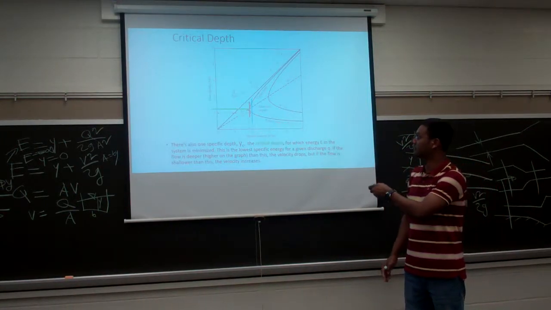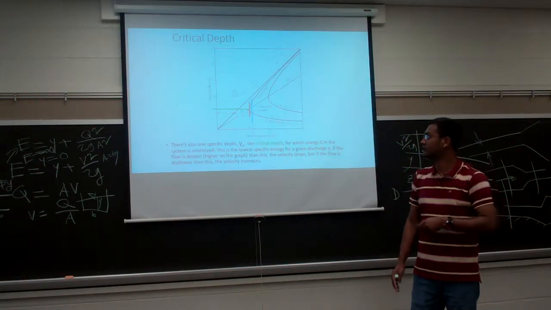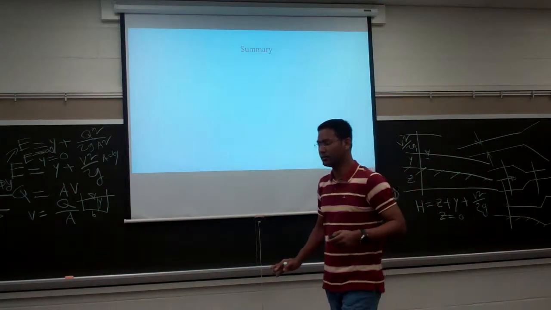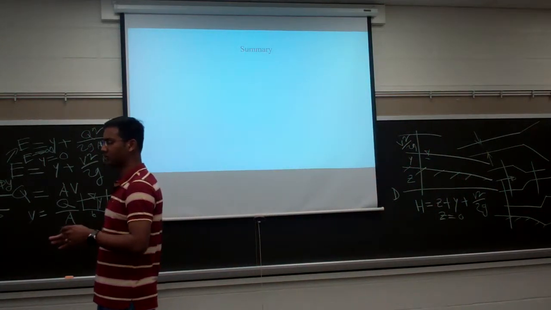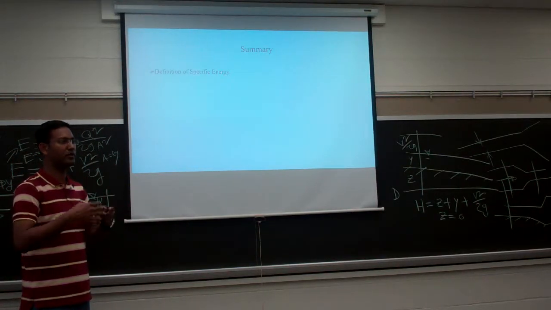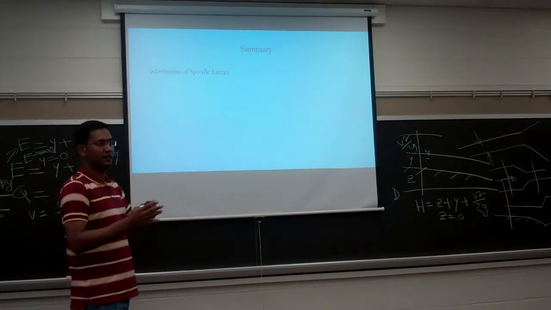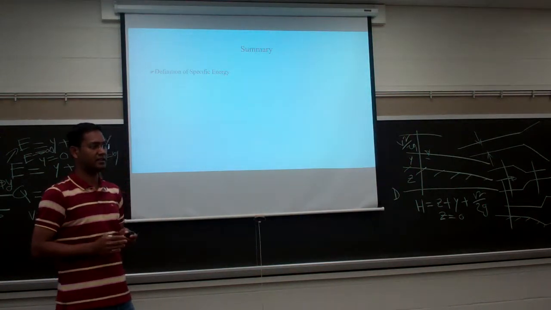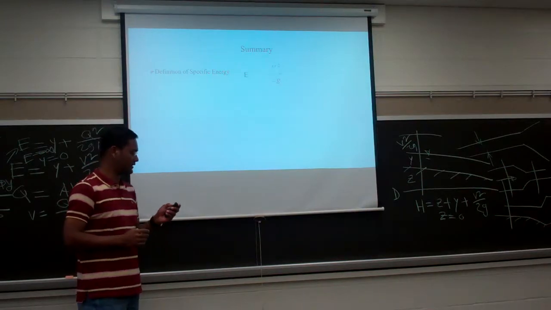And here are the details that we have already discussed on the blackboard. Right? So in summary, in today's class we have learned about specific energy and its definition. What is the definition? When we measure the total energy in a channel section with respect to the bottom of the channel, we call it specific energy. And what is the diagram?